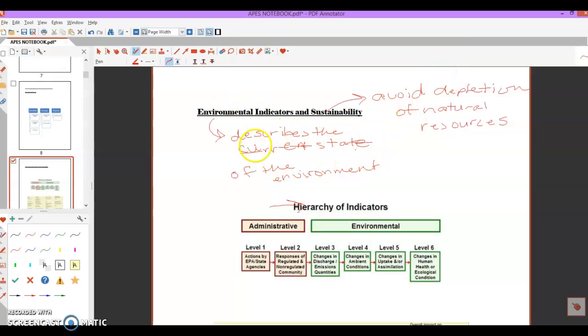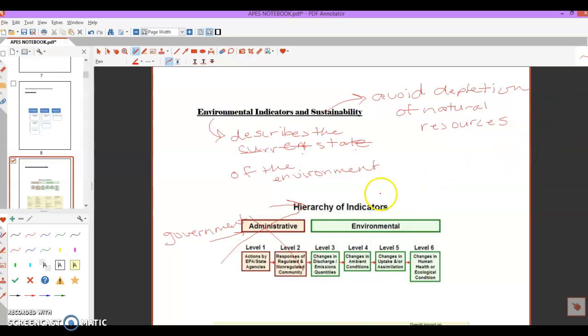Now, the first one's over here where it says administrative. These are things that we really can't impact, because this is mostly the government making choices for us. So very few of us have input on the administrative portion of the hierarchy of indicators.